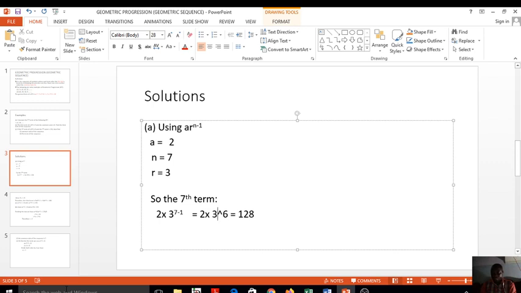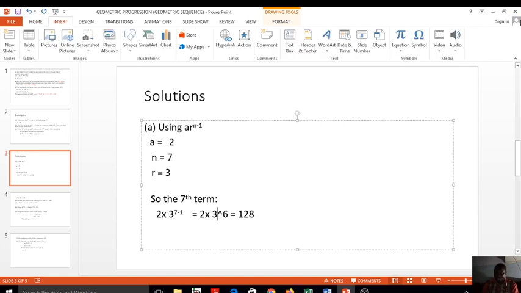So we have 3 to the power 6. According to what I have here, 3 to the power 6 is 729. So 729 multiplied by 2, what do you get? 1458. I think that's what I'm getting here.